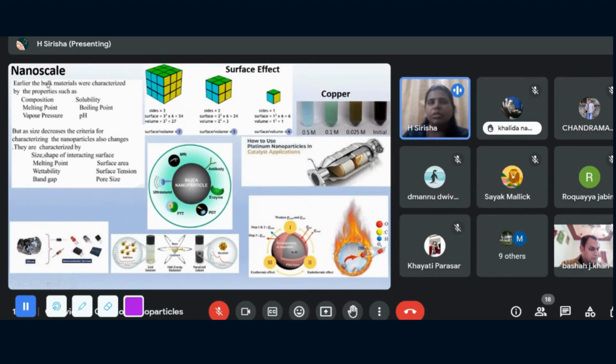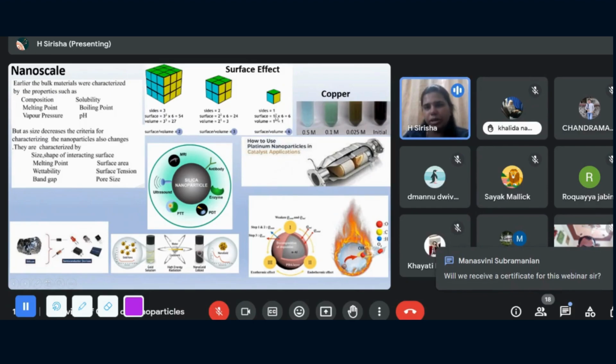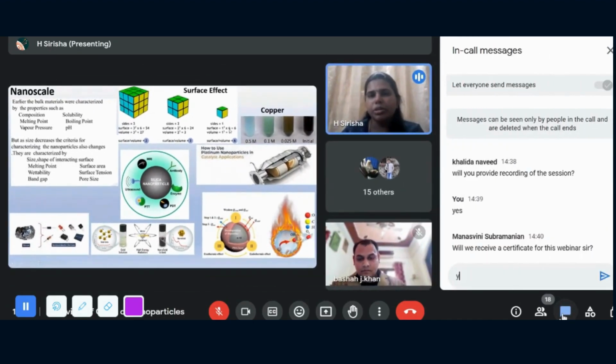So at this nanoscale, one of the important features is the surface to volume phenomena, which takes place. So in this diagram, what we can see is a cube. This cube has one side, and its surface area is a square. That is one square into its six sides.